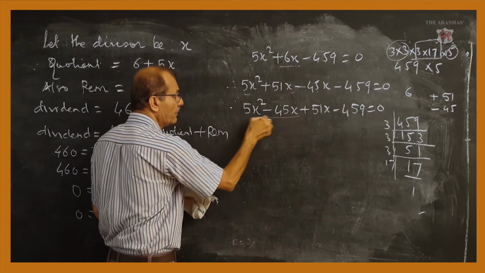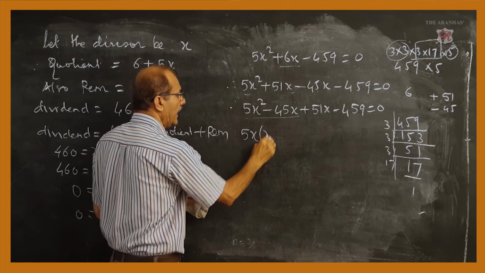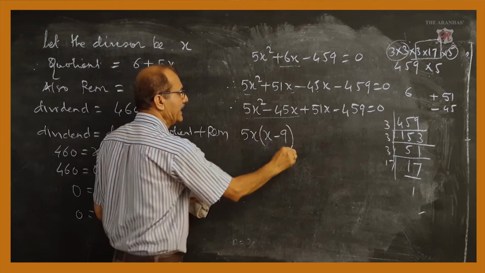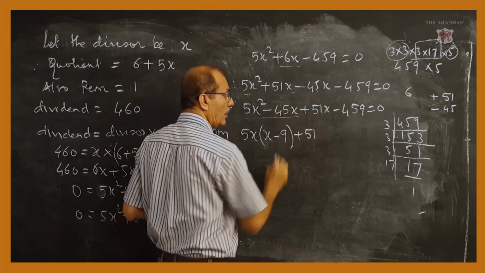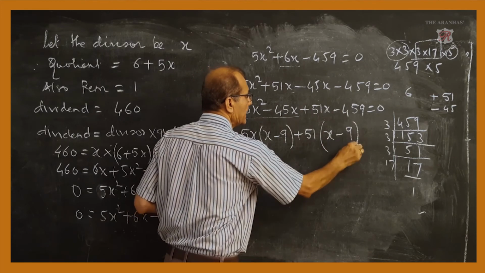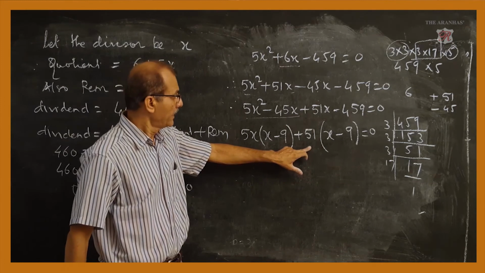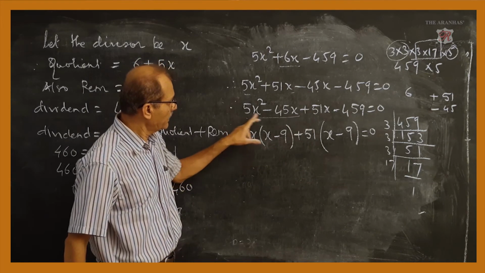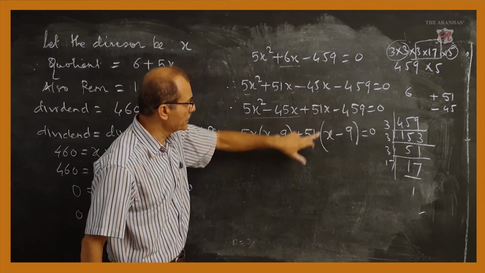Now it will be easy for me to take out common. So 5x comes out common, I get here x minus 9, plus 51 common comes out from here. Obviously it will be x minus 9. 5x into bracket x minus 9. From the last two terms, 51 comes out common.